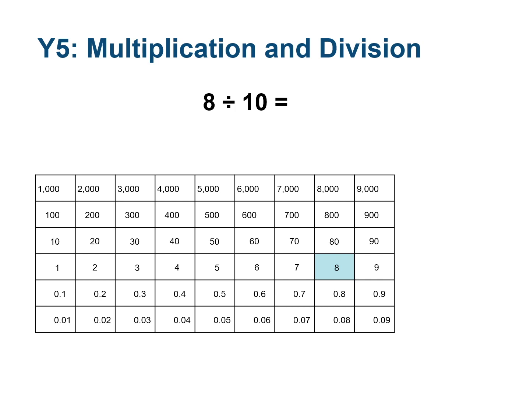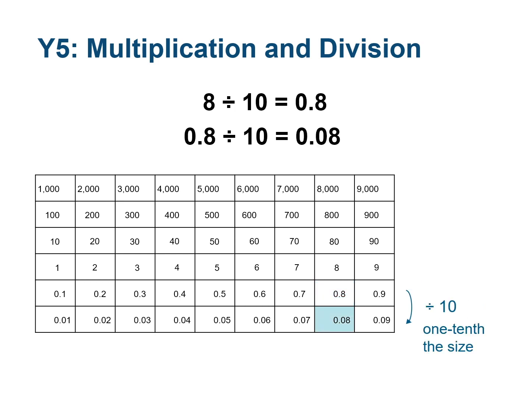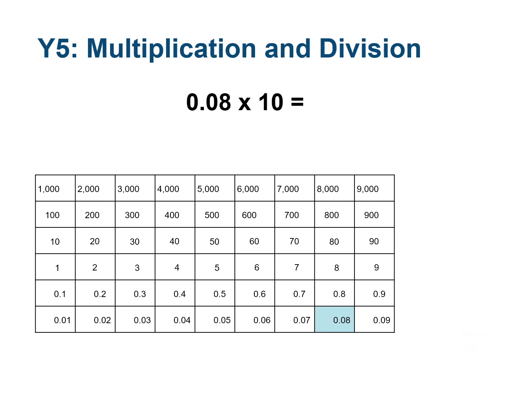Pupils need to extend their knowledge of multiplying and dividing by 10 and 100 from Year 4 into decimal numbers. 8 divided by 10 is 8/10, and 8/10 divided by 10 is 8/100. Pupils should continue to associate dividing a number by 10 with making a number 1/10 of the size, and multiplying a number by 10 with making a number 10 times the size.